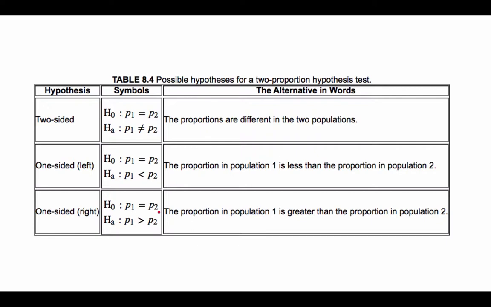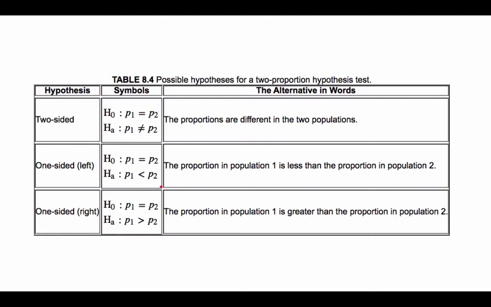And then for the alternative hypothesis, you have three things that can happen: p1 is not equal to p2, p1 is less than p2, and p1 is greater than p2. Now, how do you decide which one to use? If you're a scientist, it's up to you, whichever one you think is the scenario that's going on. But for the homework, you're going to have to read the wording of the description carefully and then use whichever one makes sense. So watch out for keywords like has gone up, less than, and stuff like that.